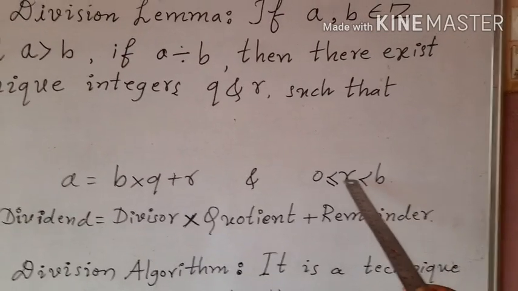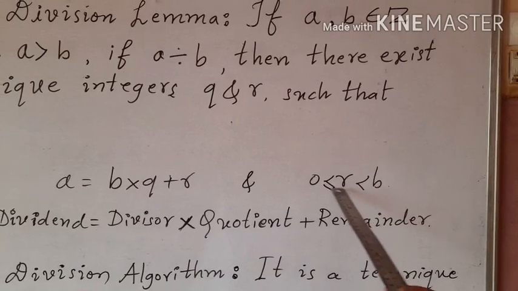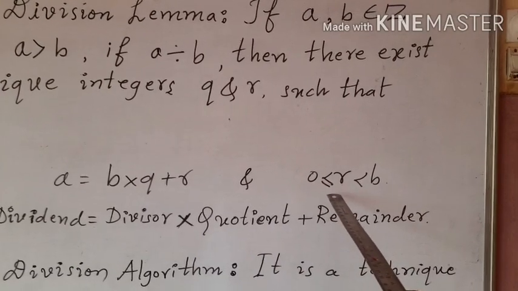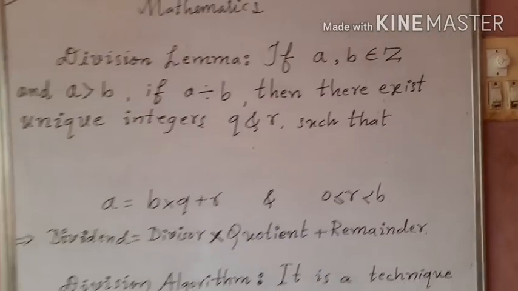It means r is remainder. This remainder is greater than or equal to 0 but less than the divisor. This is the definition for division lemma.